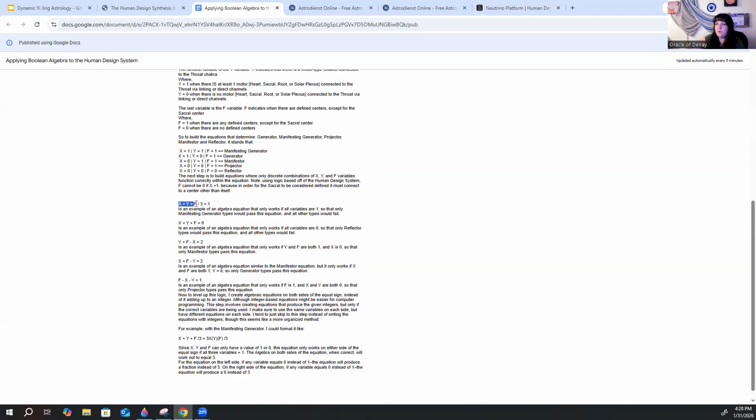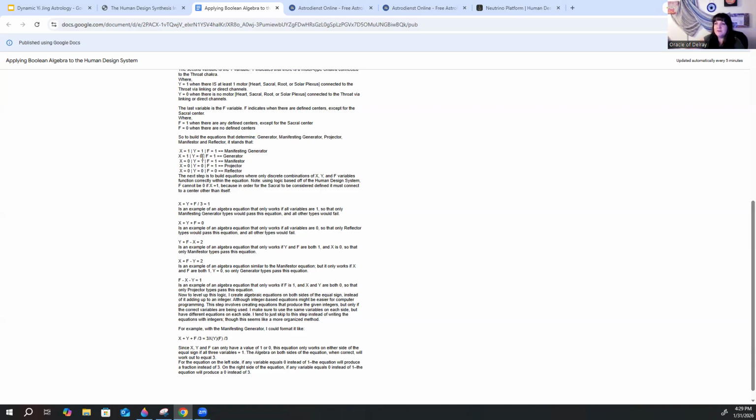In this equation, only manifesting generator variable types will pass the equation correctly. Manifesting generators have a 1 value for X, F, and Y. So 1 plus 1 plus 1 is 3, divided by 3 is 1, which is what you wanted.